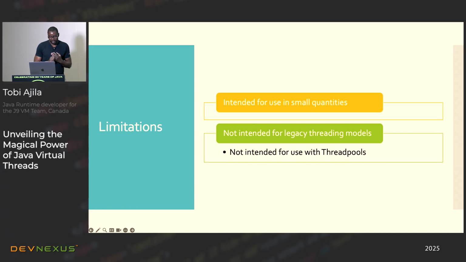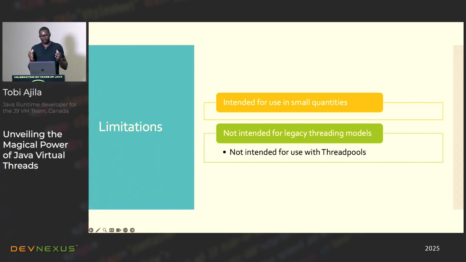So, some limitations. Scoped values are intended to be used in small quantities, especially if you're using them with a structured task scope. There is a cache: every scope has a cache associated with it, so it doesn't have to walk all the way up to the super scope to find the scoped value.